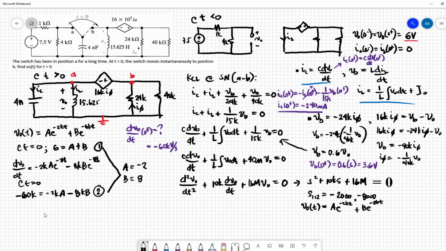Our response is negative 2 e to the negative 2kt plus 8 e to the negative 8kt times u of t volts.